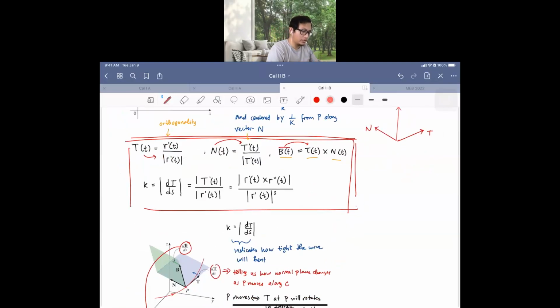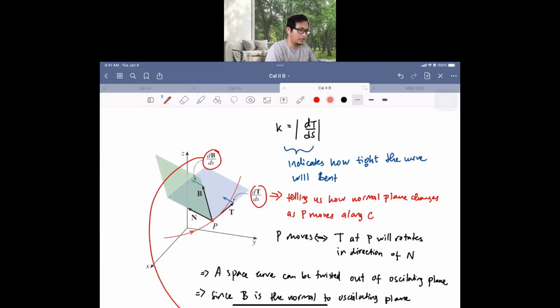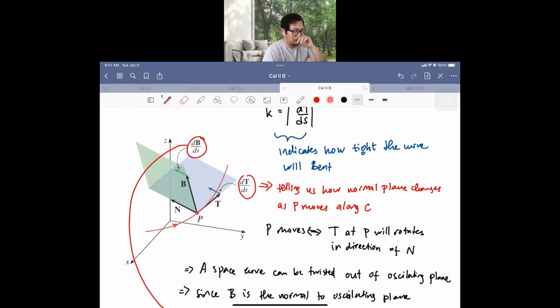Okay, and then we are going to look at what the torsion means. So we have the osculating plane here, and this is the normal plane.